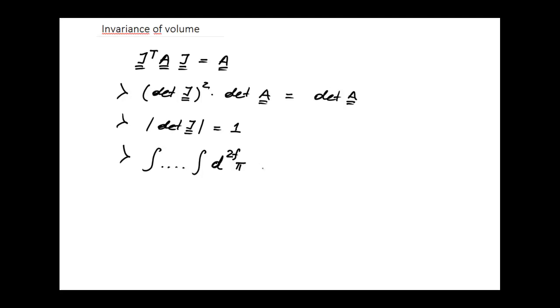So in terms of the new coordinates, this is a 2f-dimensional phase space integral with the new coordinates capital Pi times the determinant of the Jacobian, absolute value, if you neglect the possible change of sign due to changes of orientation.